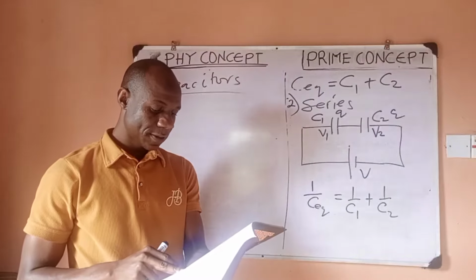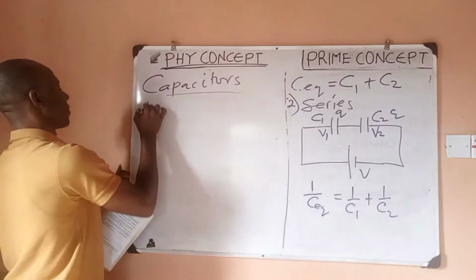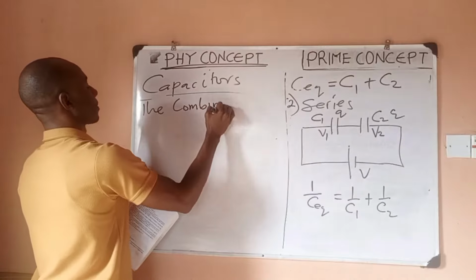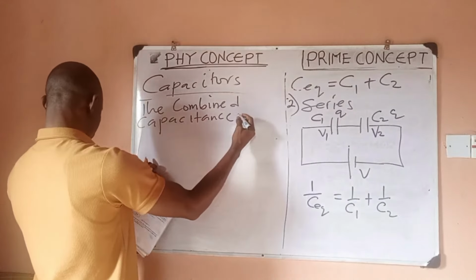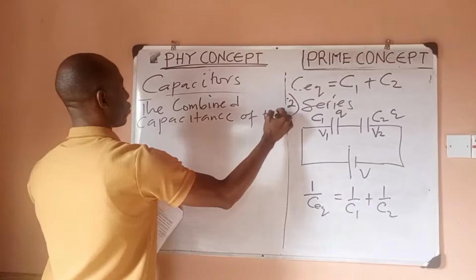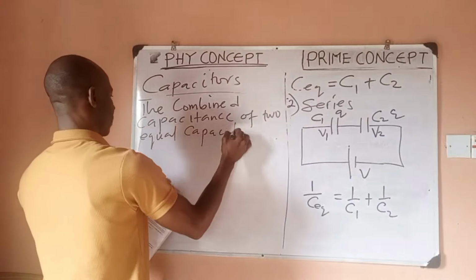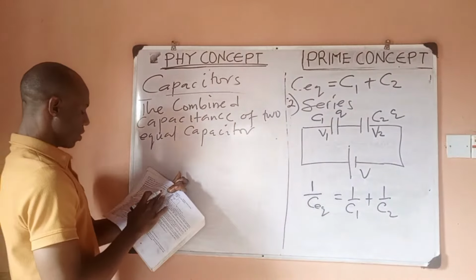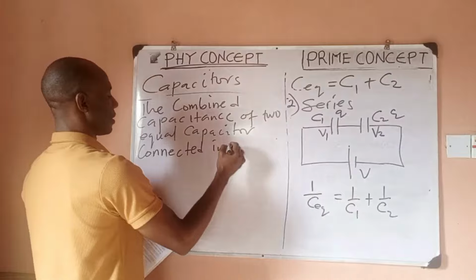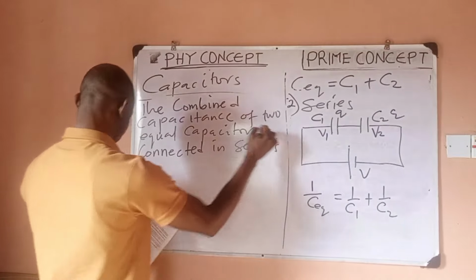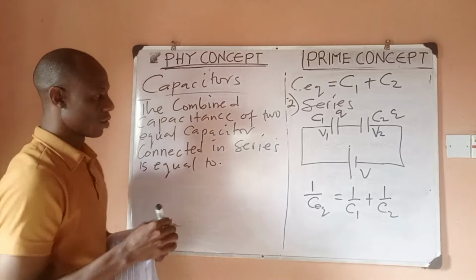The question says, the combined capacitance of two equal capacitors connected in series is equal to.